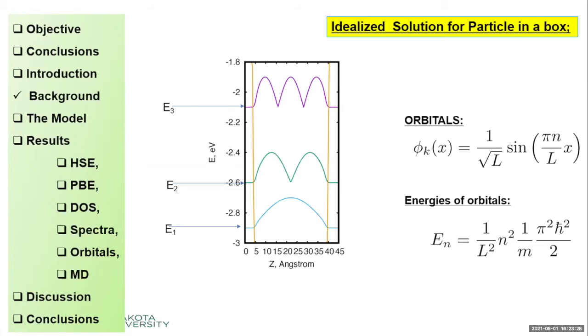Normally, a particle in a box can be used to explain a single oligomer, but this will not give us an exact, accurate result. That's why we used several oligomers here. We used 6 oligomers.